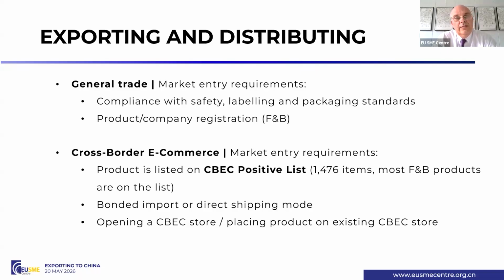You have about 1,500 products that are allowed under these schemes. Of the food and beverage products, about half of these are on the list. So it means that you can sell these products using the Chinese e-commerce platforms. You don't need to worry too much about the currency. You don't need to worry too much about the logistics because you can benefit, for a fee, from all the knowledge and know-how of the said platforms, which are the biggest in China.